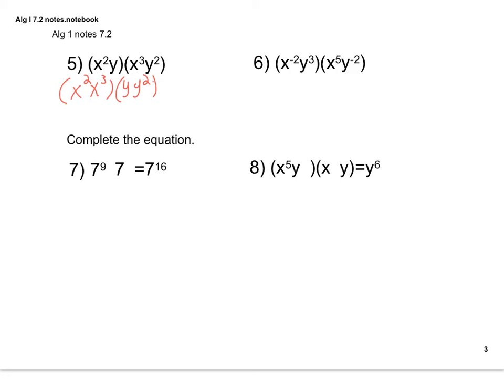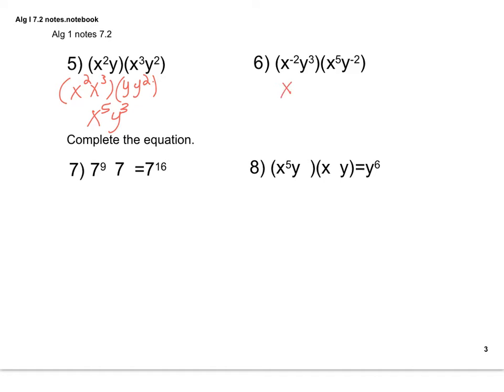So when I do that, I can basically add those exponents together now that I've got them kind of grouped differently. And so I have x to the 5th times y to the 3rd. All right, all I'm really doing is taking the same base there and adding the exponents together with the same base. So let's do that again here with number 6.